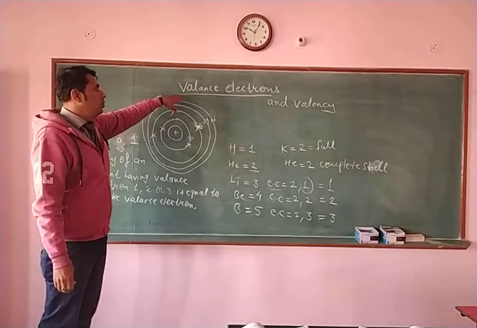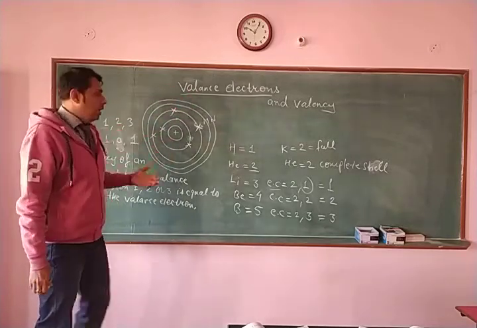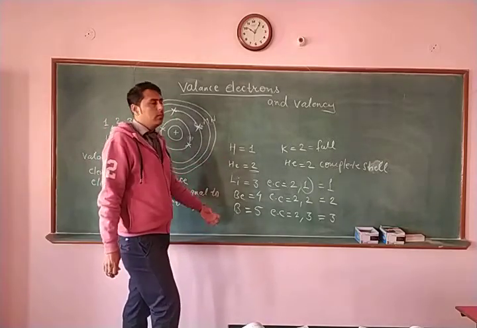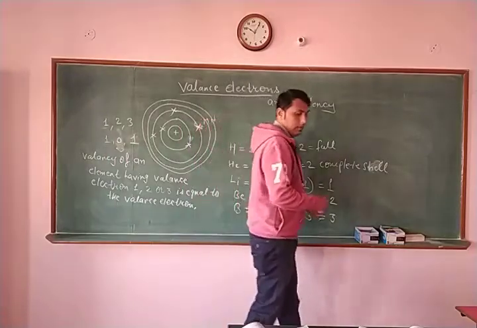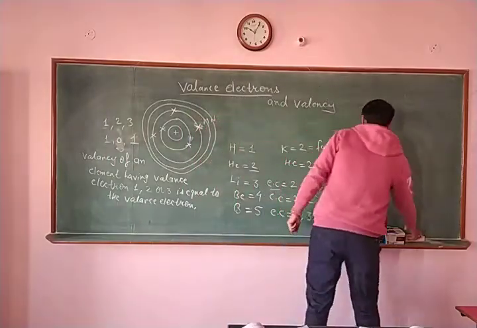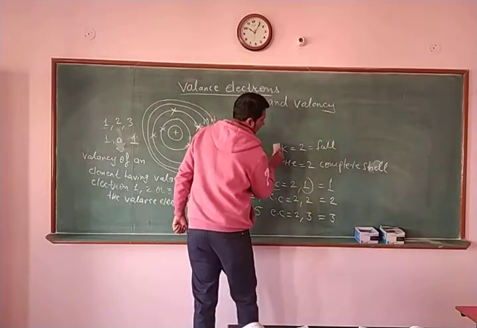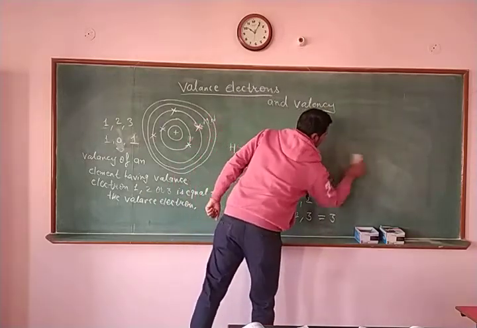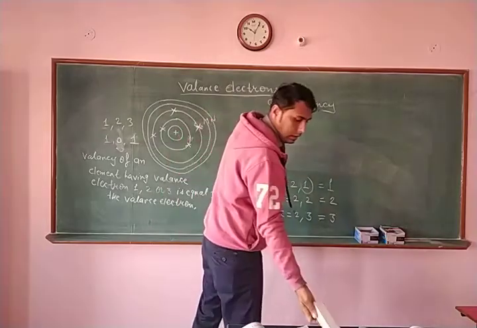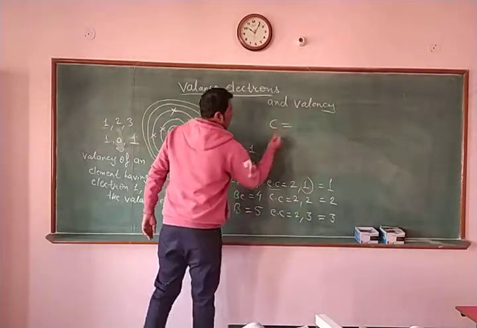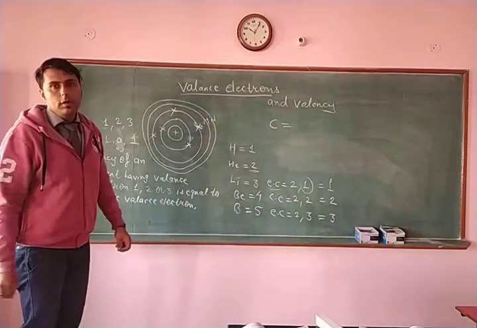Now we go further. Hydrogen, helium, lithium, beryllium, boron. After boron comes carbon. What is the atomic number of carbon?